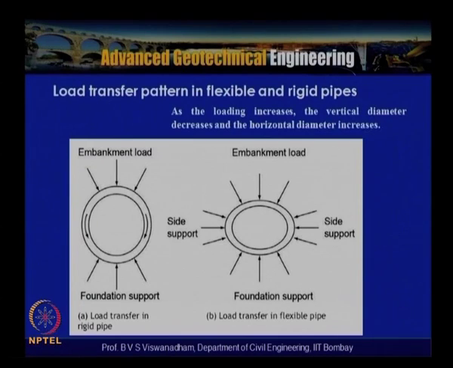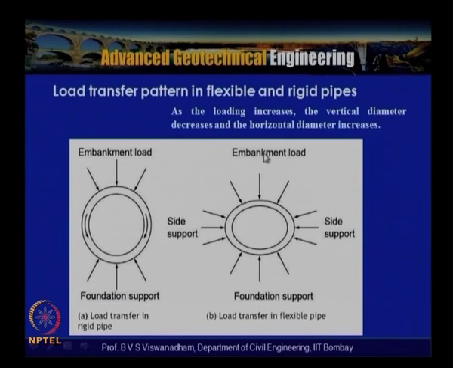So, the load transfer pattern in flexible and rigid pipes is shown in this slide. It can be seen that the load in a rigid pipe is internally borne by the pipe itself. In case of a flexible pipe, as the load increases, the vertical diameter decreases and the horizontal or lateral diameter increases, so it derives support from the side supports.